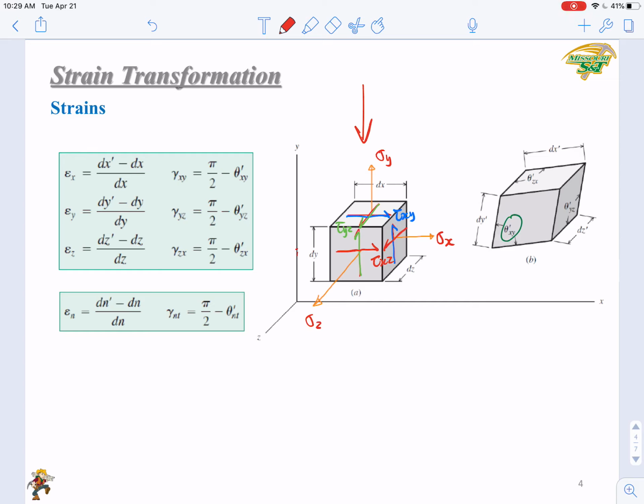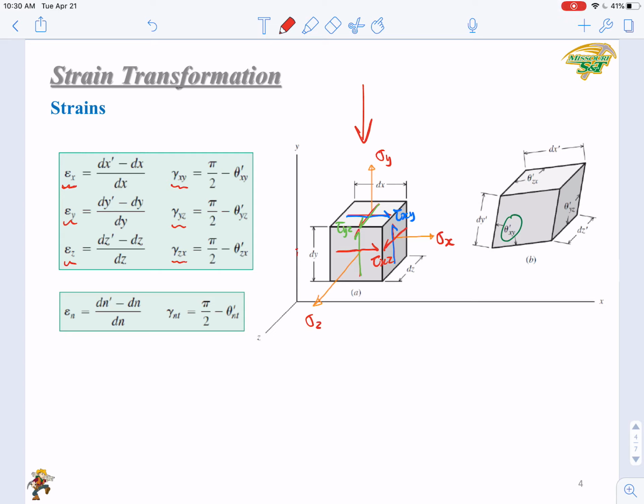So when this element is subjected to stress components, it will have strains. The strains have many components as noted here. You have epsilon x, epsilon y, epsilon z, and the shear strains gamma xy, gamma yz, gamma xz. The normal strains are easy to understand.